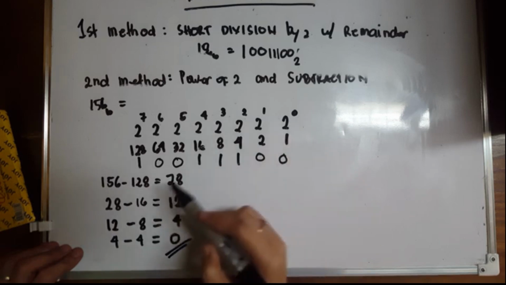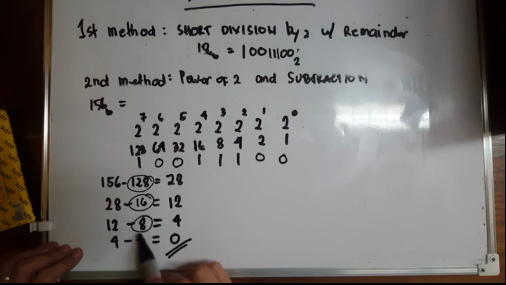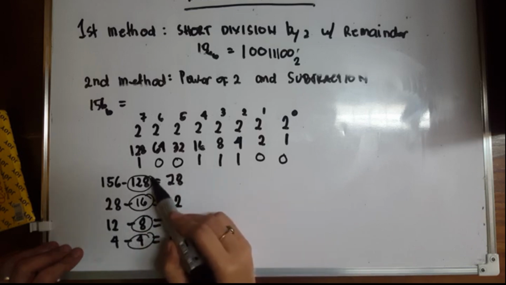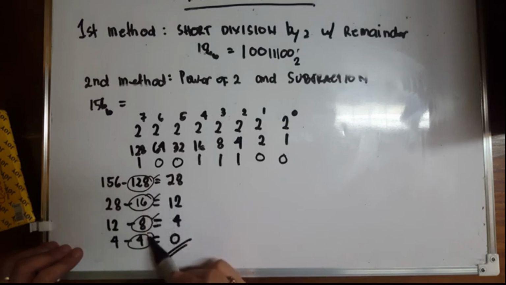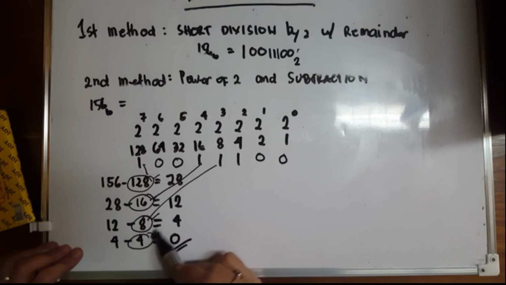So, if you notice, all of these that are being subtracted are actually the 1. If you consider these as switches, these are the switches that are being turned on.